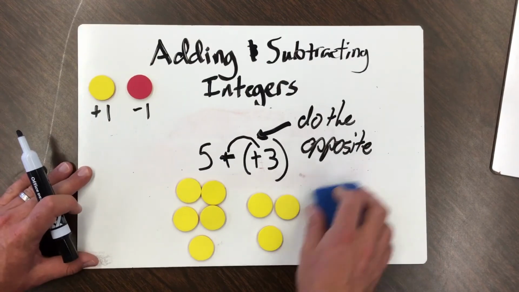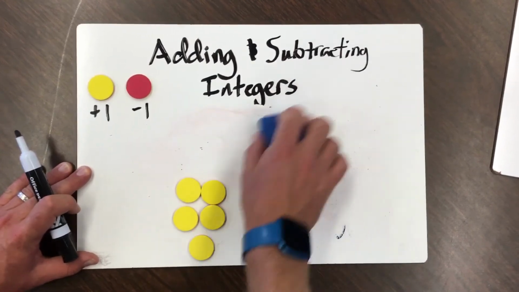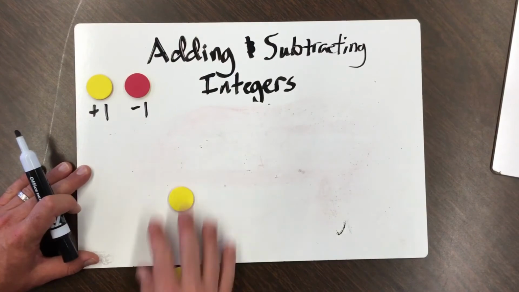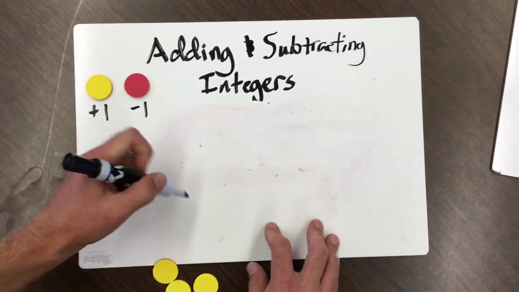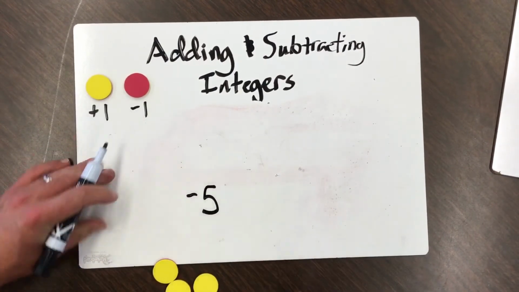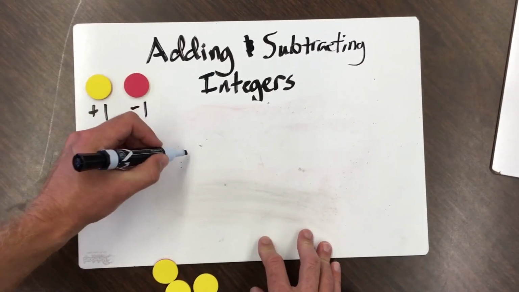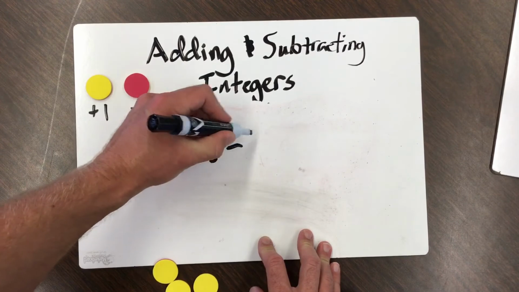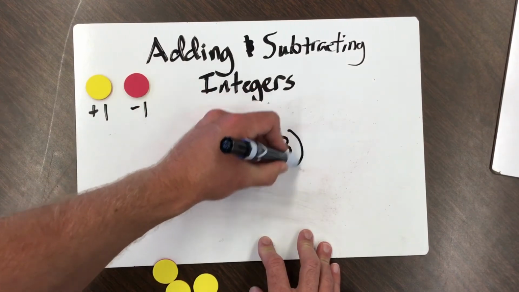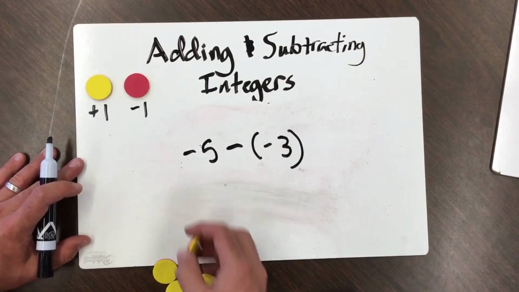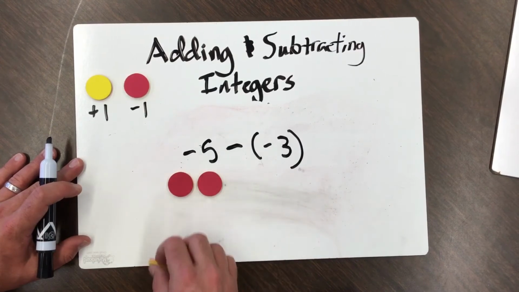Okay, let's do another example of this one. Now let's say, oops, give myself some space for the counters. Let's say I have -5 minus -3. All right, so what I'm going to do is have 5 reds for the -5.